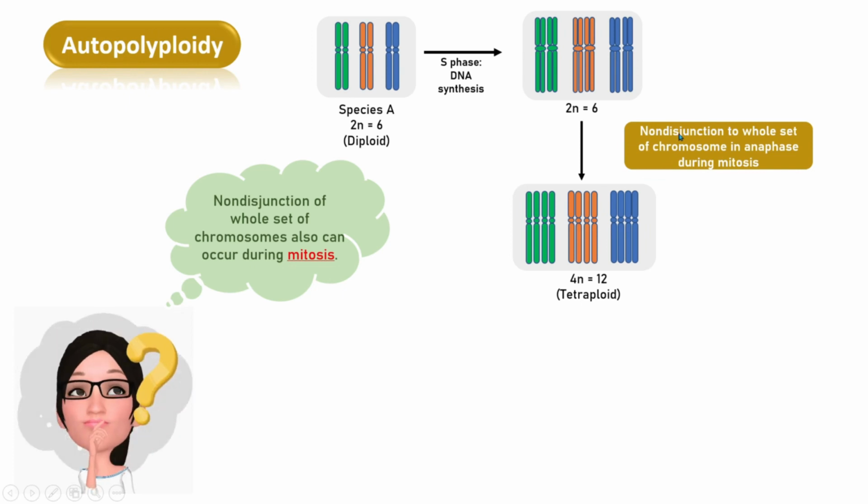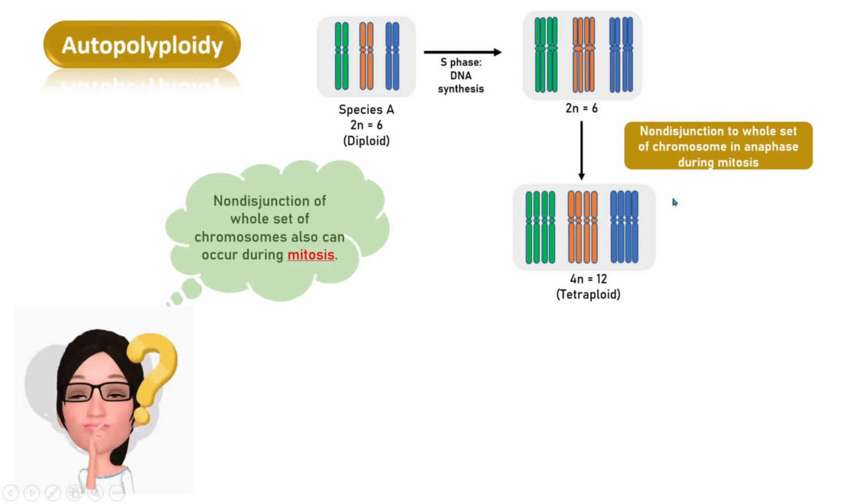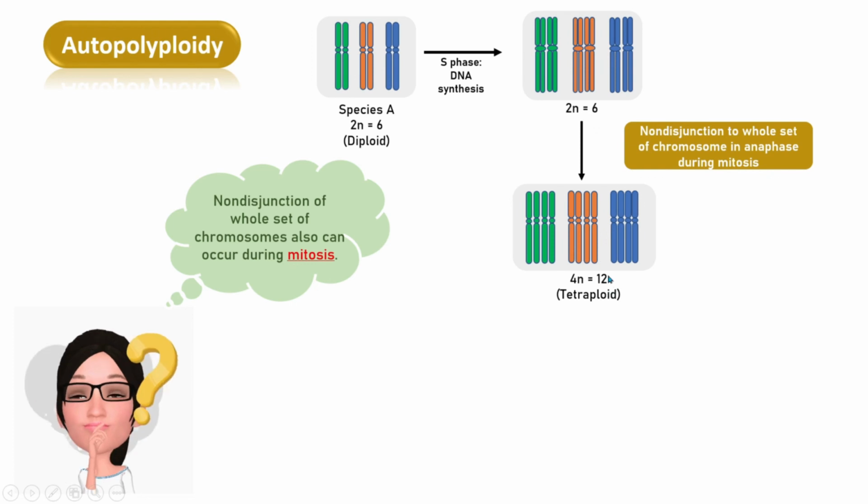But since non-disjunction occurs to the whole set of chromosomes in anaphase during mitosis, sister chromatids will fail to separate and move to opposite poles. Hence, all the chromosomes will remain in the same cell. This new cell has 4 sets of chromosomes, 4n or tetraploid. The number of chromosomes increases from 6 to 12.